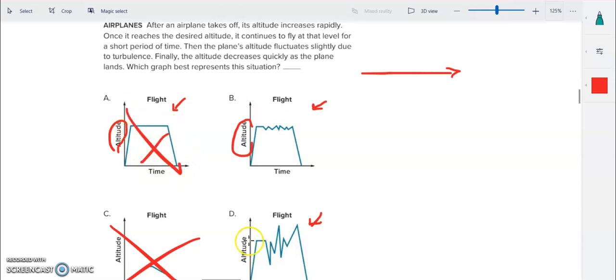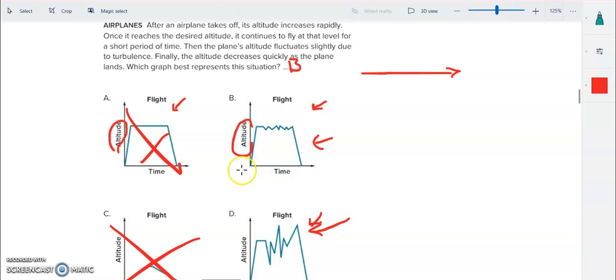Not that. This is level for a short period of time and then fluctuates slightly. That is not fluctuating slightly. That is definitely a disaster in the making. I would say this, B, represents this scenario the best.